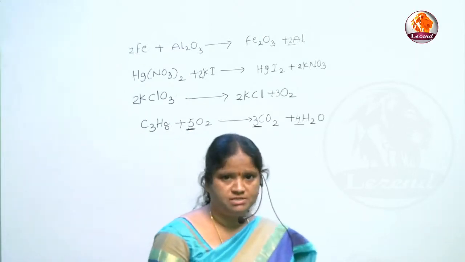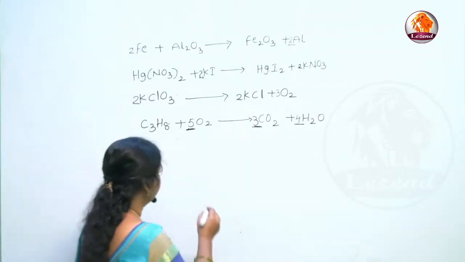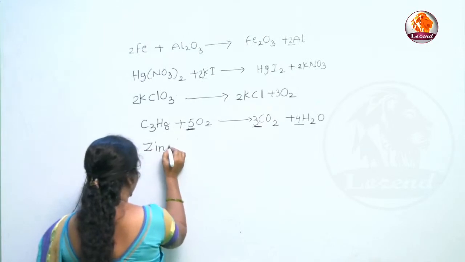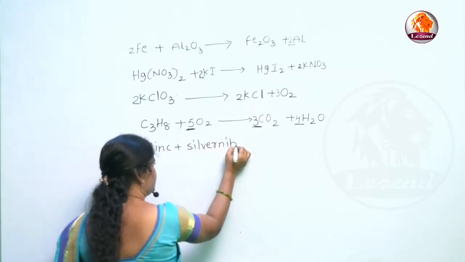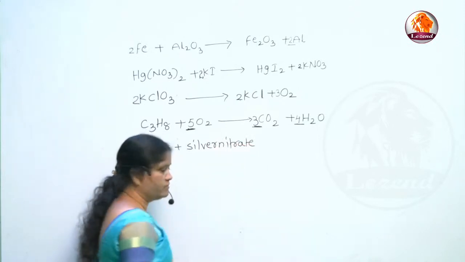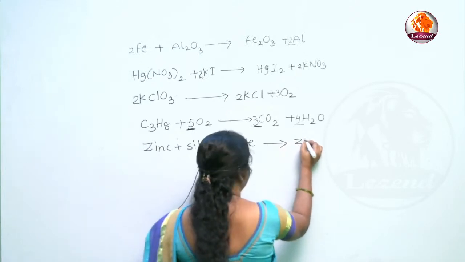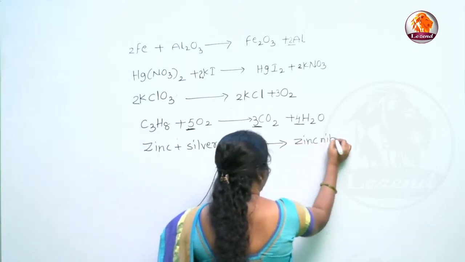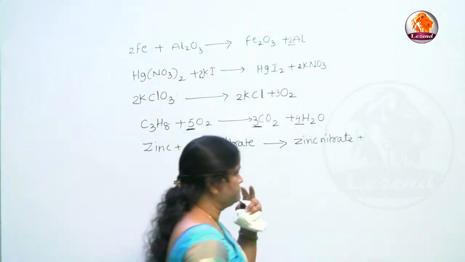If the formulas are not given and they give just the word equation, zinc plus silver nitrate gives rise to zinc nitrate plus silver, we have to write proper symbols of the elements and also the proper formula of the chemical compounds.